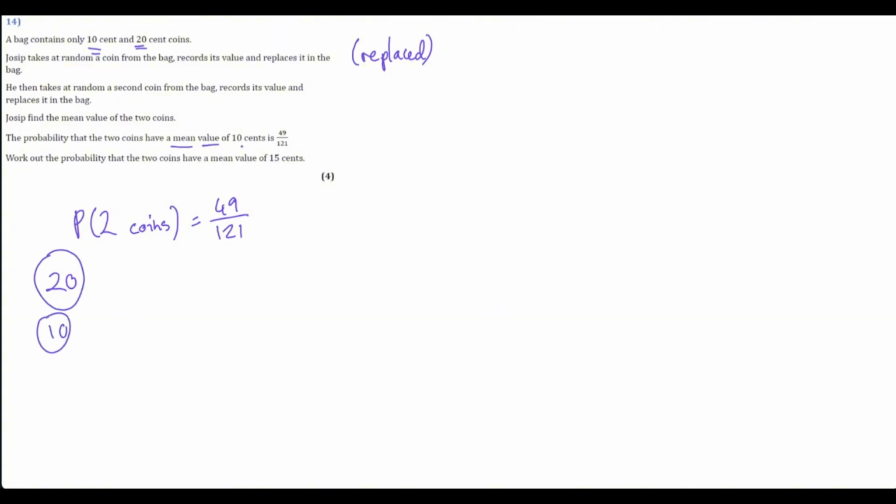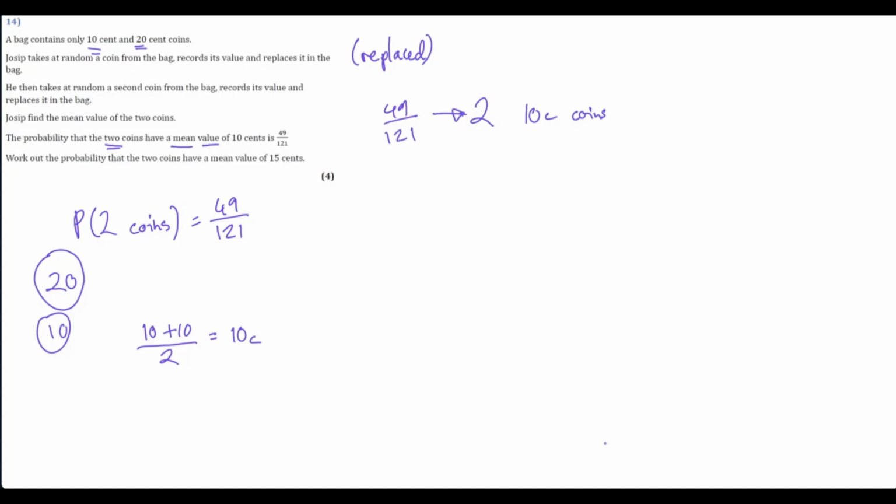Now if we want a mean value of 10, and he's picking 2, the only way you can get that is by picking two 10-cent coins, because 10 and 10 over 2 would be 10. We can't get that with 20 because you're always picking 2 coins. If I did 20 and 20, that'd be 40 divided by 2, which is 20, which doesn't make sense. Or if I did 20 and 10, that would be 30 divided by 2, which is 15. So this must mean the 49 over 121 must be two 10-cent coins.